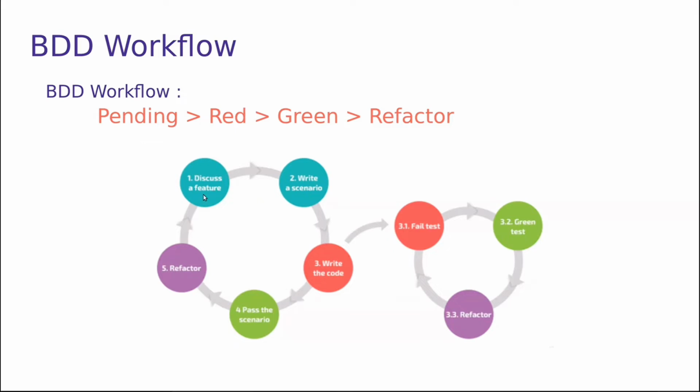As the initial step, the technical and the non-technical stakeholders get together, discuss a feature, and write down the scenario in the standard format in English or any other language of preference. And with that format, if you find a parser, that becomes an executable specification. So that's the pending state. You still haven't started with anything, and then you go into the usual red-green-refactor life cycle.